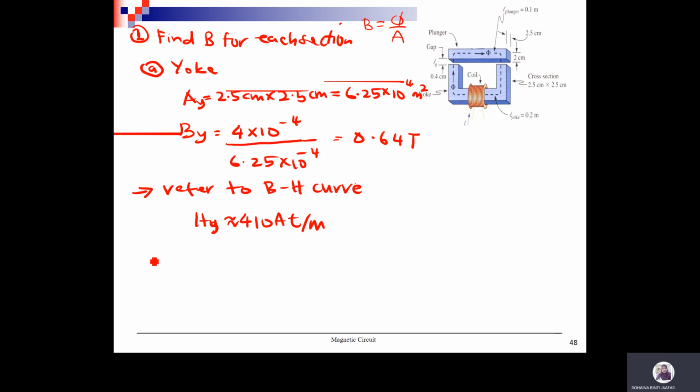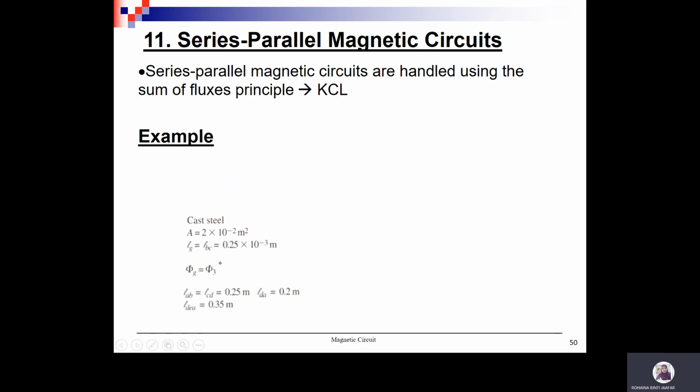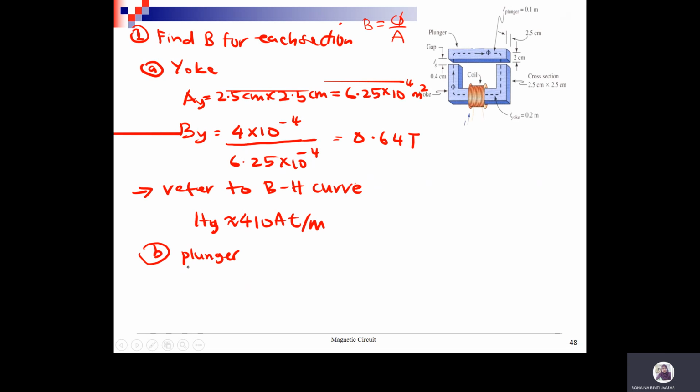Then you repeat the same steps as for yoke. Next is the plunger. Since the cross section of the plunger and yoke is different, you have to find the area for the plunger.